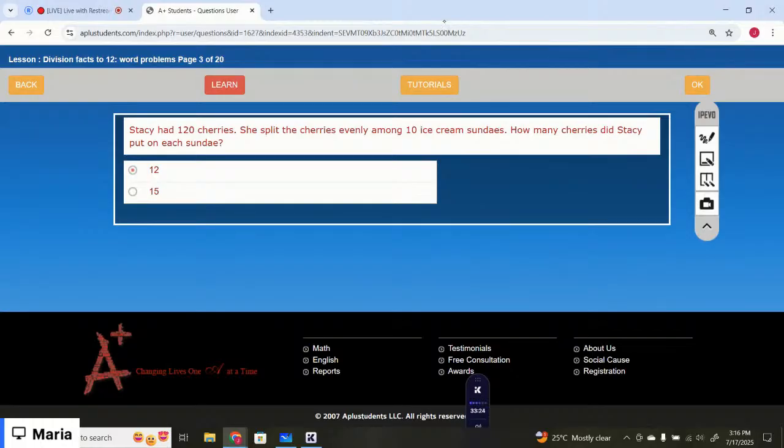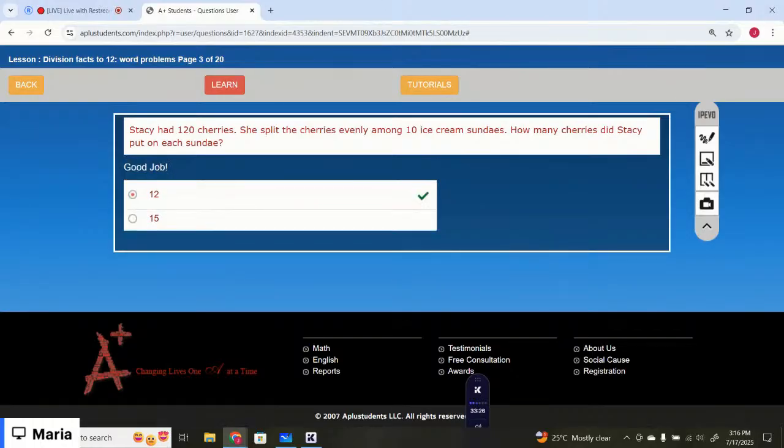That would be 12. Option number 1 is the correct option because 120 divided by 10 is 12.